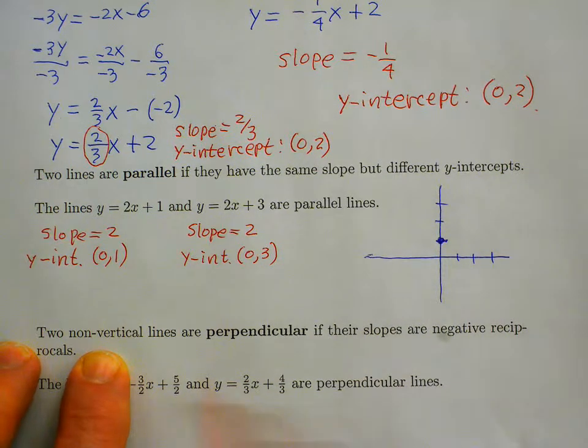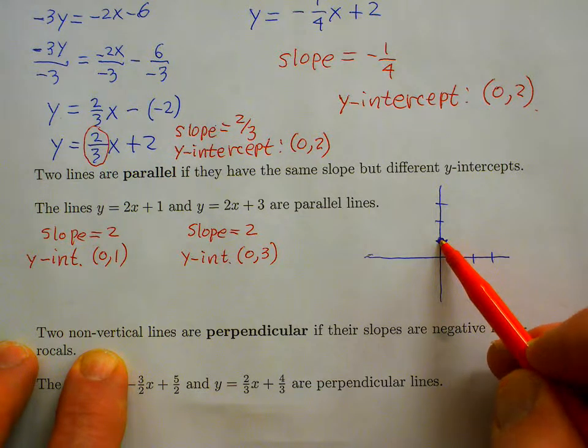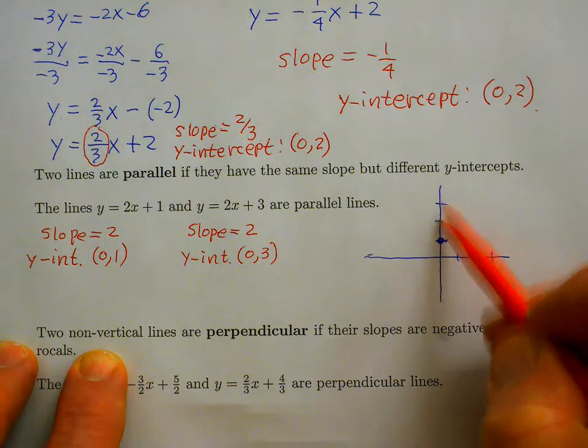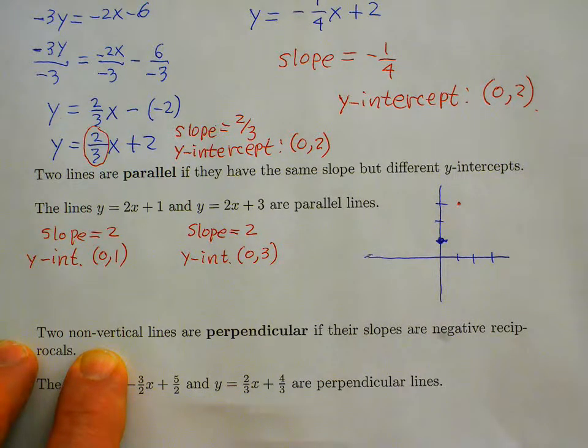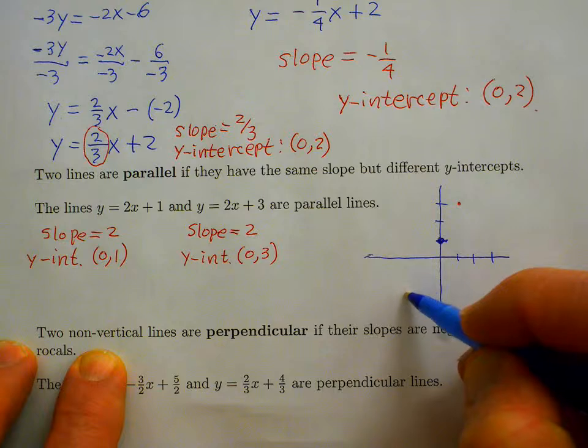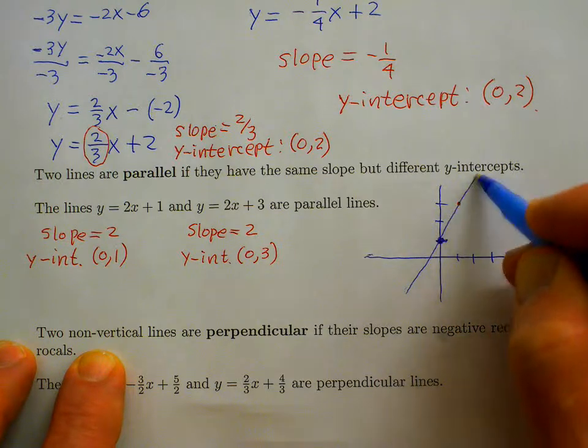And then if we use the slope 2, think of the slope as 2 over 1. Then from this point, we have a rise of 2 and a run of 1. So we have this line.